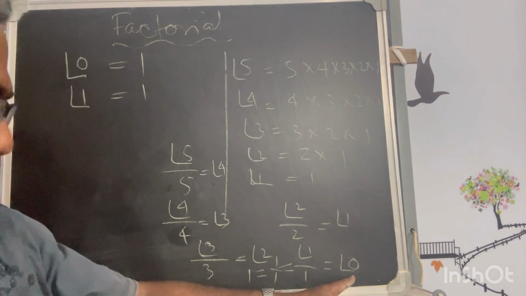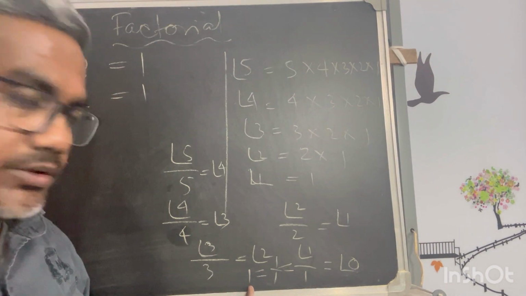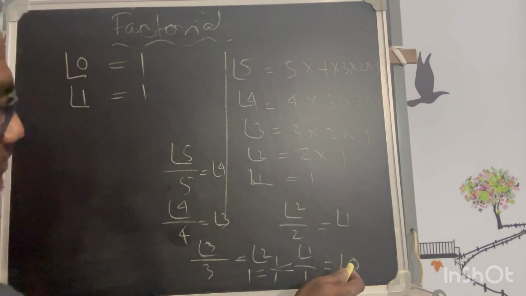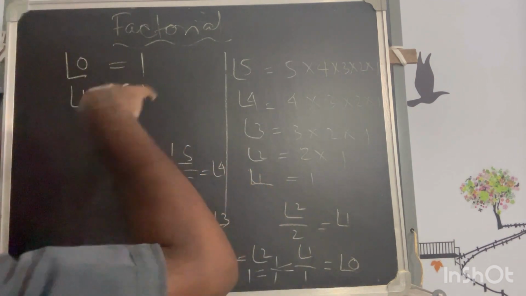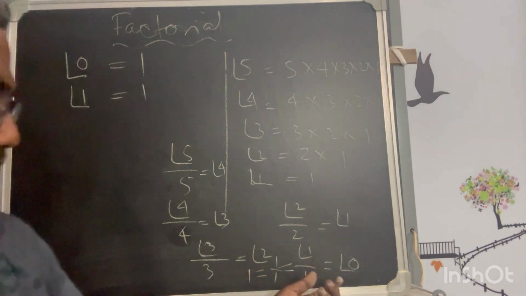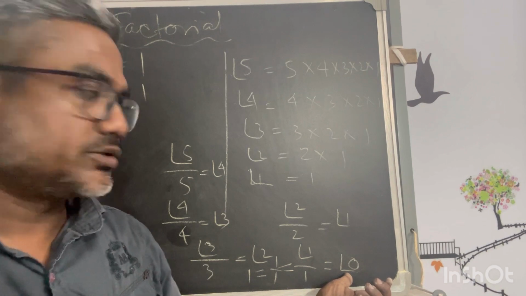So factorial 0 can logically be taken as 1. Okay, this is only logically derived, and it is very useful when we do the applications of factorials, to know that factorial 0 is equal to 1. So I'll end here.